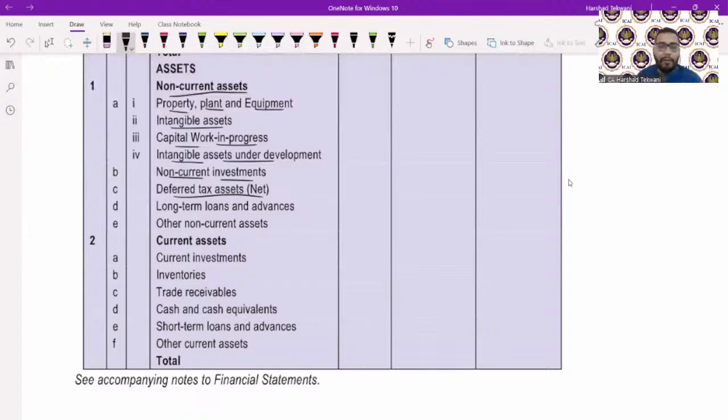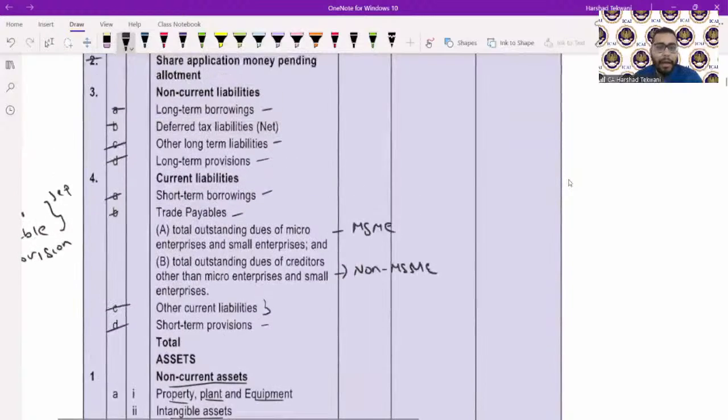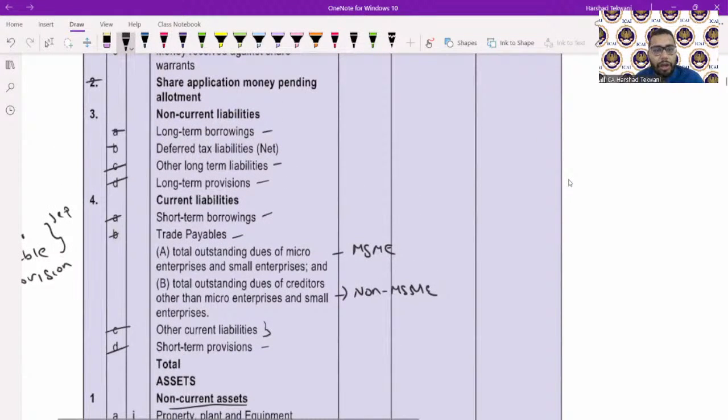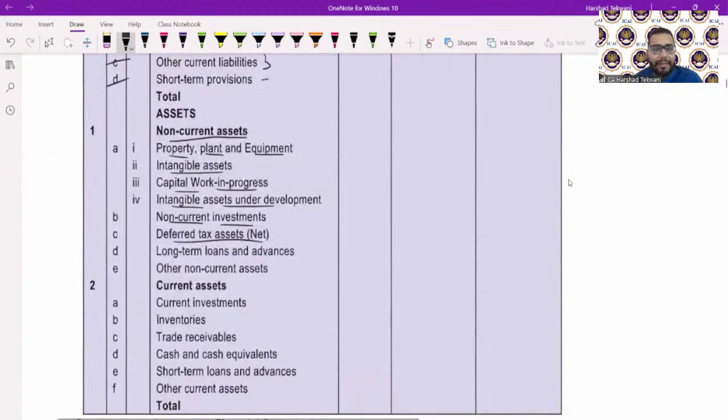Now, if it was a liability in case of a deferred tax net, then you show a liability. If it is an asset, then you show an asset. But deferred tax liabilities are shown under non-current liabilities. Same way, deferred tax assets are also shown under the head of non-current assets.